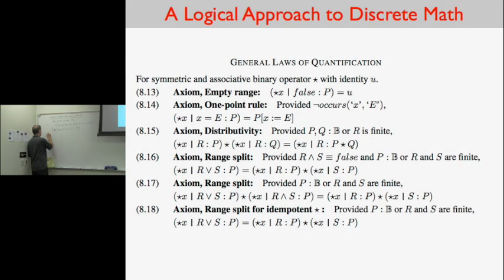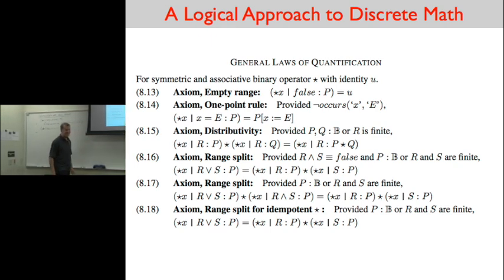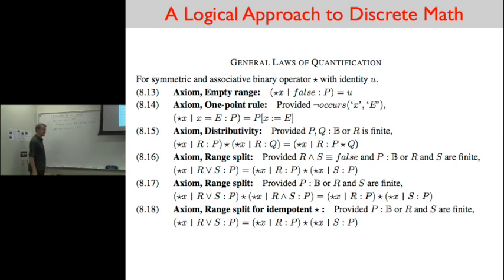We should use 8.16. Aha! 8.16, and then the one-point rule. 8.16 says axiom range split.